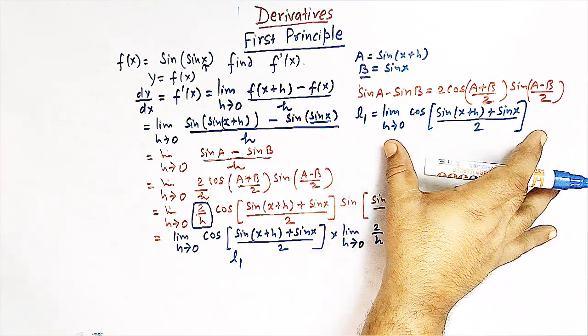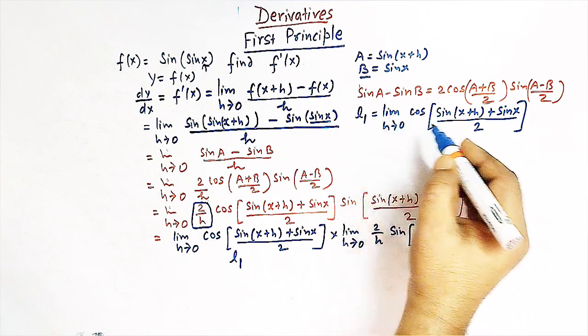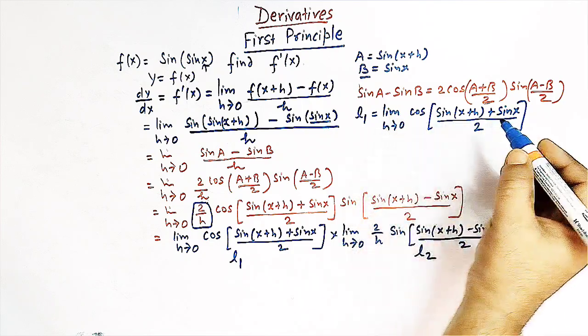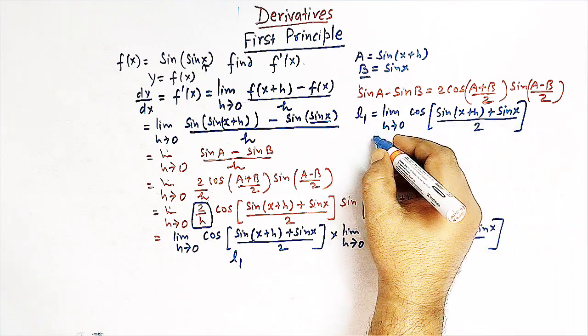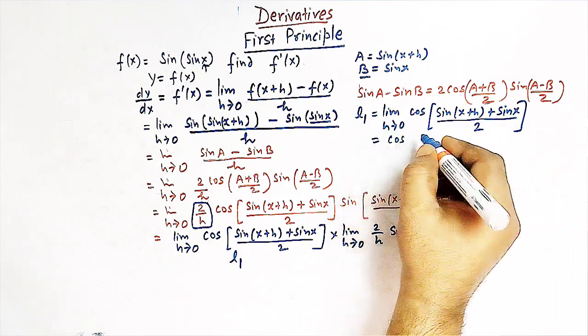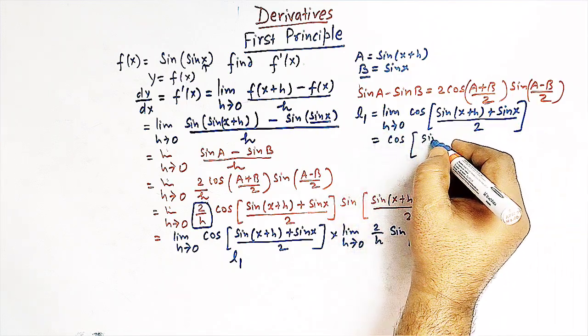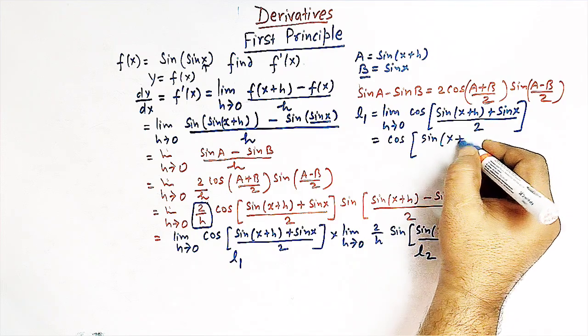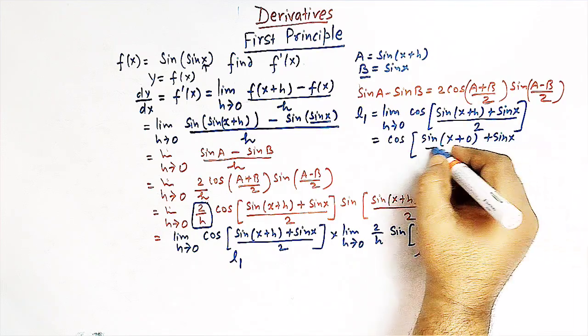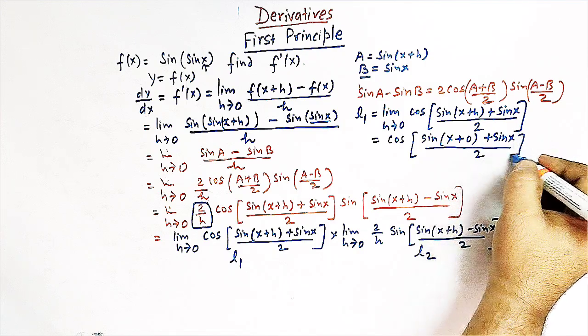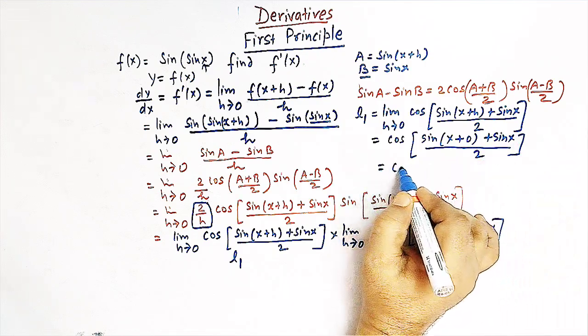So L1 is given by this limit. Now here we have limit h tends to 0. So let us take h is equal to 0 over here. So we have cos and then we have sine x plus 0, then we have here sine x divided by 2. So we can now simplify it.